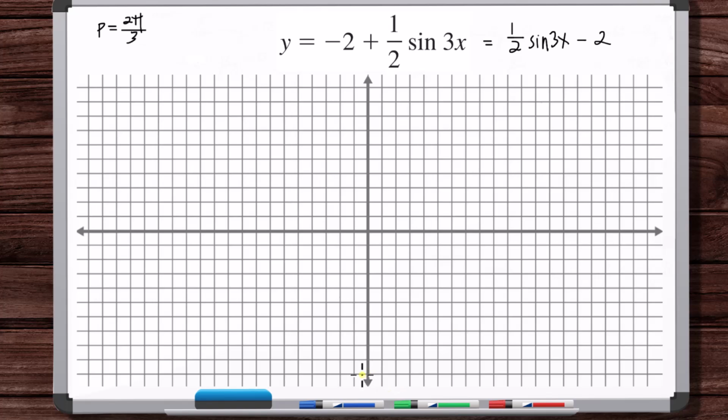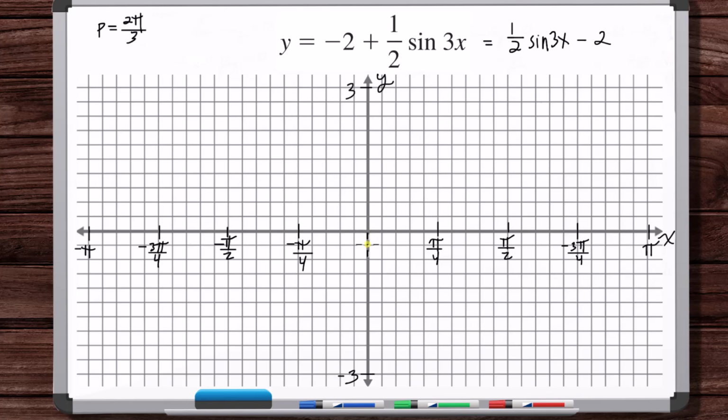So let's do minus 3 to 3. Now the period, 2 pi over 3, is pretty close to pi, so let's do minus pi to pi. Now we've shifted down 2.